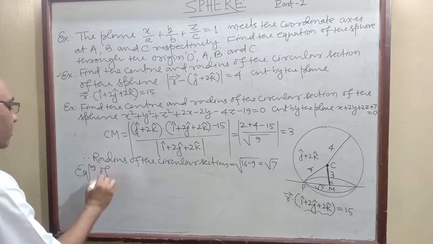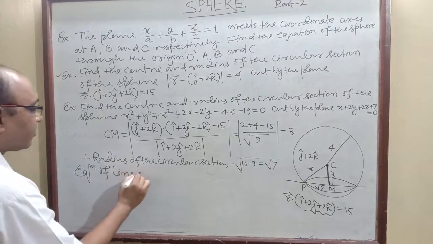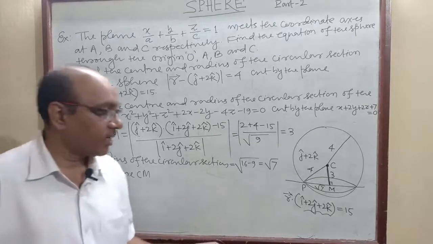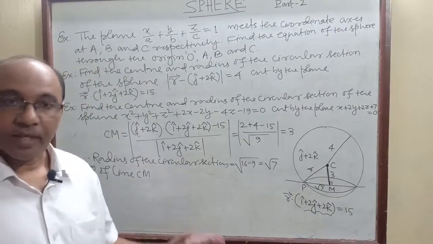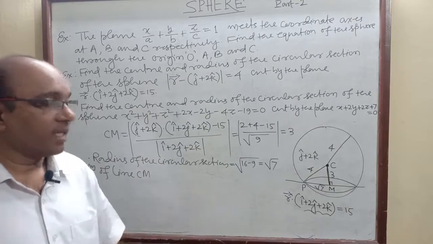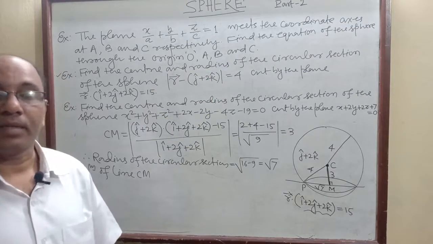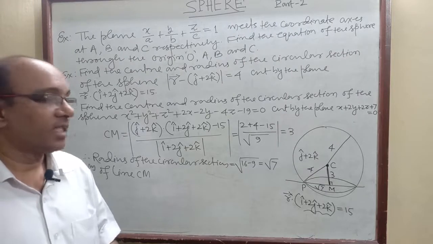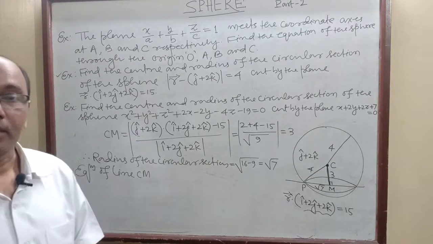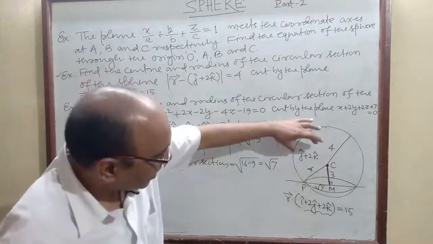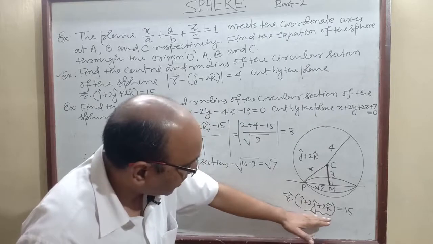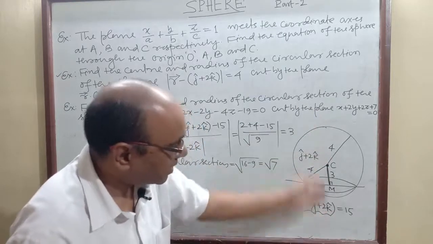Equation of line CM. We know if a line passes through a given point whose position vector is A and is parallel to a vector B, then its equation can be written as R equal to A plus lambda B. We have read these things in detail in the 3D geometry straight line chapter. This line CM passes through this point and is parallel to this vector, because this vector is along this line CM.